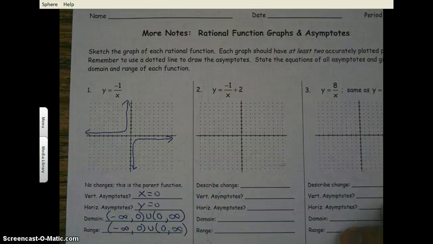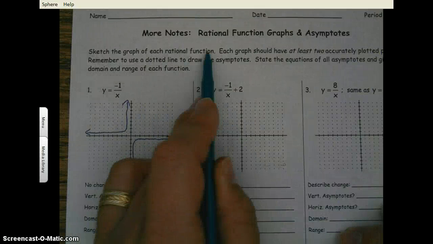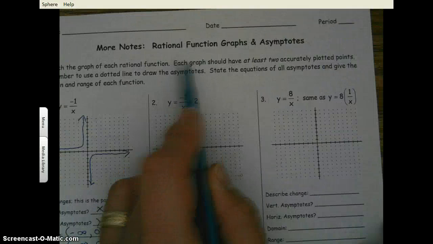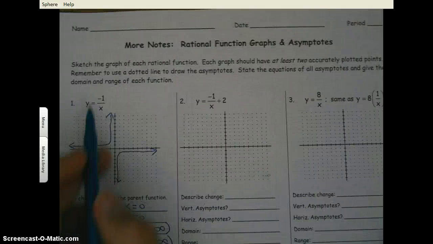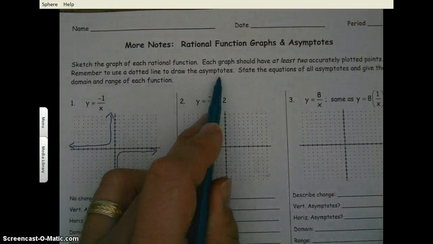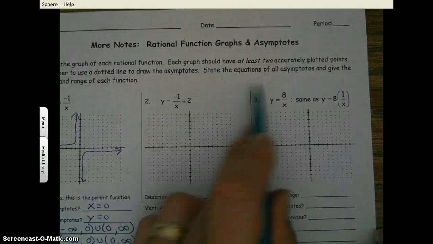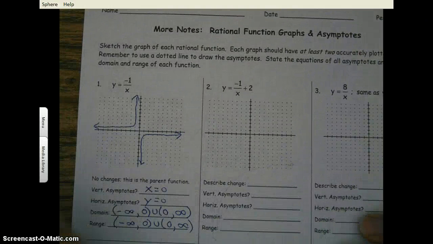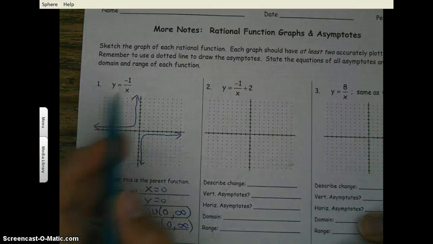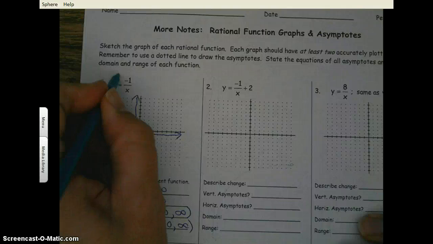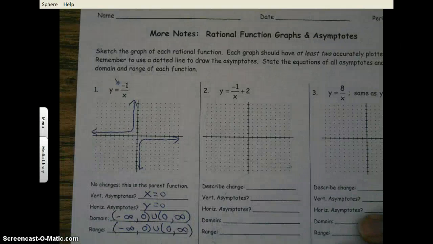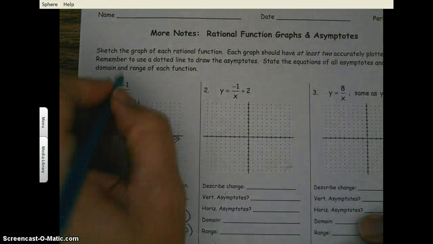Now, it says sketch the graph of each rational function. Each graph should have at least 2 accurately plotted points. Remember to use dotted lines to draw asymptotes. State the equations of all asymptotes and give the domain and range. Well, notice the a value has a negative. Do you remember what transformation a negative has? That's right, it's a reflection.